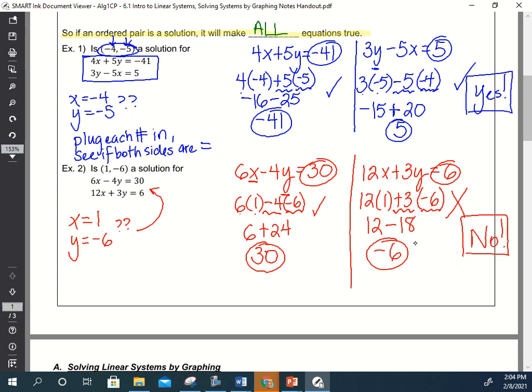All right, not seeing any, not hearing any, so we're going to move on. So this is the baseline for a system. If I give you the answer, you should be able to tell me, is it true or false? If I give you an ordered pair, you should be able to tell me, does this work or does it not work?